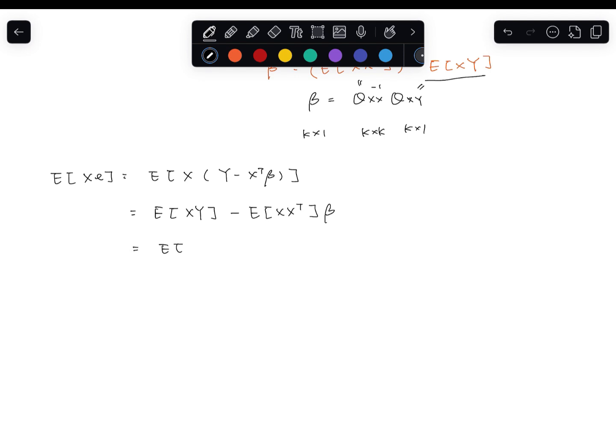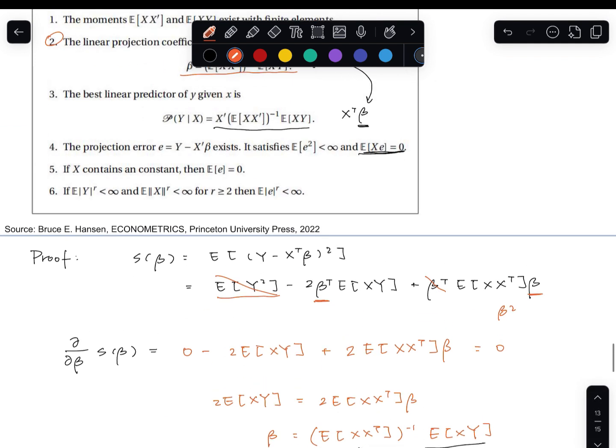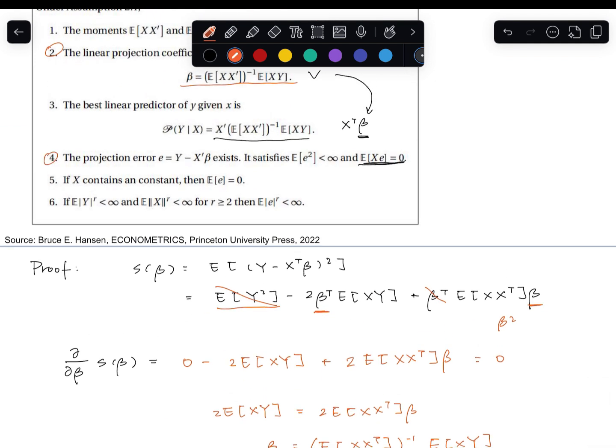Now we want to substitute beta with what we have found before, which is E[XX transpose] inverse and E[XY]. Notice that here, because it's itself and itself inverse, then it's just 1. So we ignore it. So it's E[XY] minus E[XY], and turns out to be 0 at the end. Then we have proved this one.